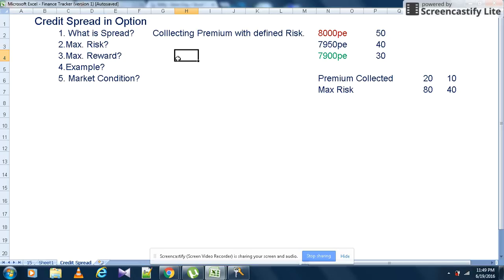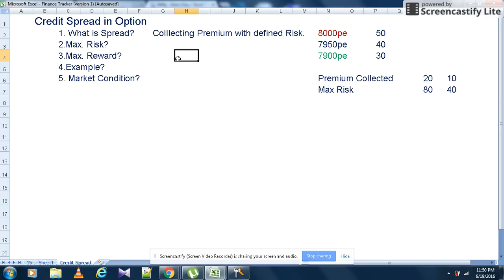So what is a credit spread? A credit spread is where you sell and buy the underlying future contract but with different strike prices. You'll be selling a higher premium option strike and buying a low premium option strike.